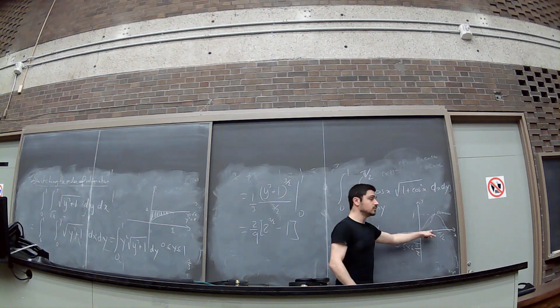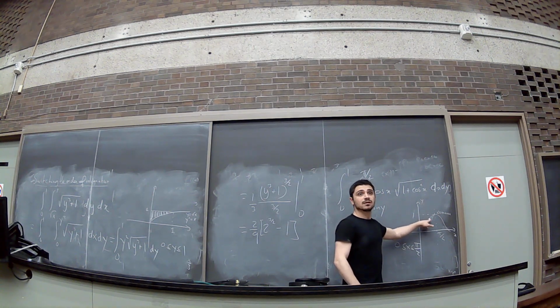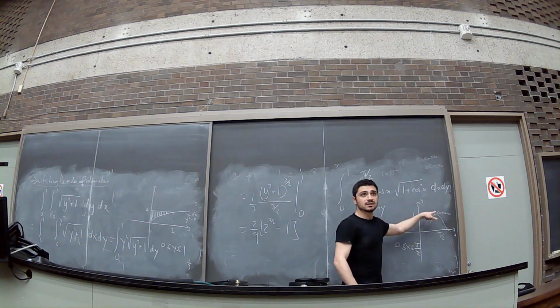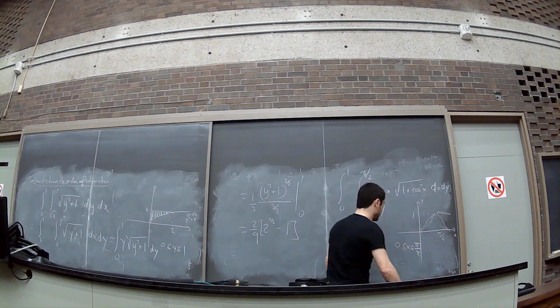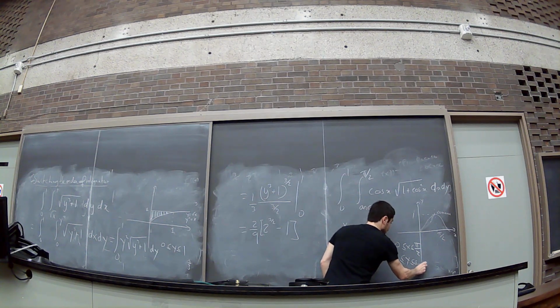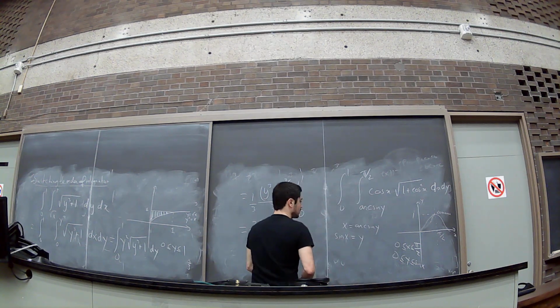And where does y go? Y goes from 0 to, what is this curve in terms of x? X is equal to arc sine y. How do you solve for y? Y is sine x, because the interval is 0 to pi over 2. So y goes from 0 to sine x.